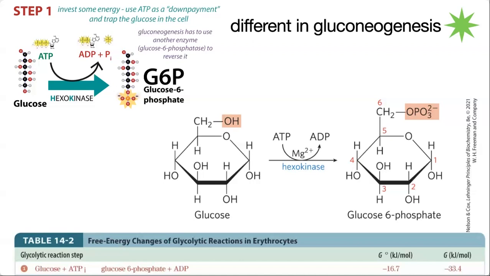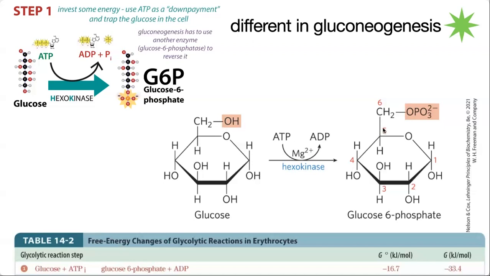This is our first regulated step, although we'll also talk about how just getting the glucose into cells can also be regulated. This is carried out by hexokinase, and it's going to put this phosphate group on the 6th position. Note that when the kinase is transferring phosphate, it's really transferring a phosphoryl group. So this oxygen here is the one that came from the glucose.